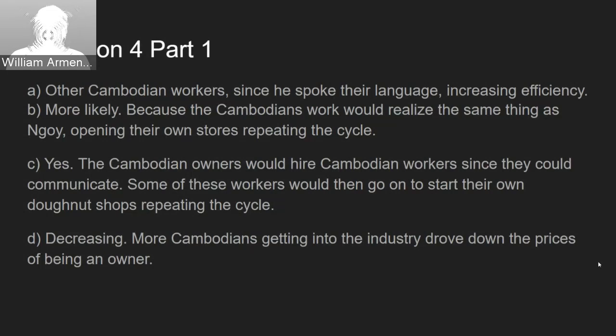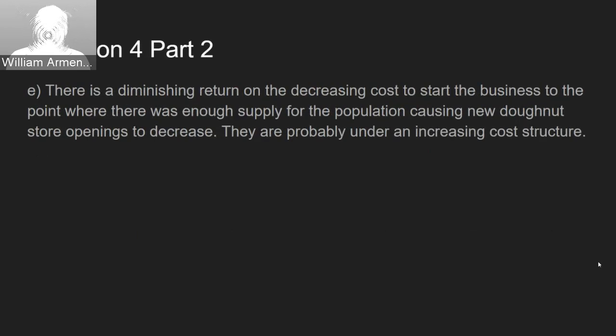And then for part E, on the next slide, there's going to be a diminishing return on the decreasing cost to start a business because at some point the amount of donut shops is enough to supply the population's demand, thereby causing the donut store openings to decrease. And after that point, the donut shops probably went back to having an increasing cost structure since that is the norm for most of the economy.